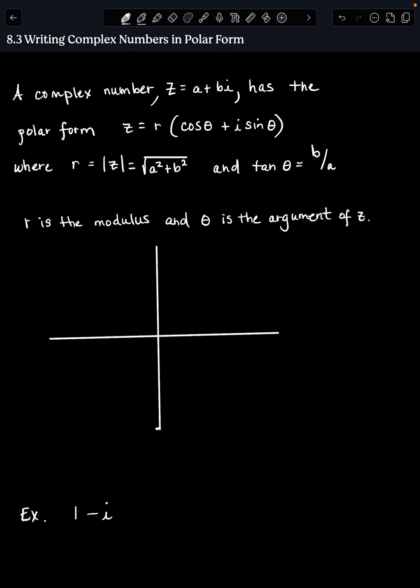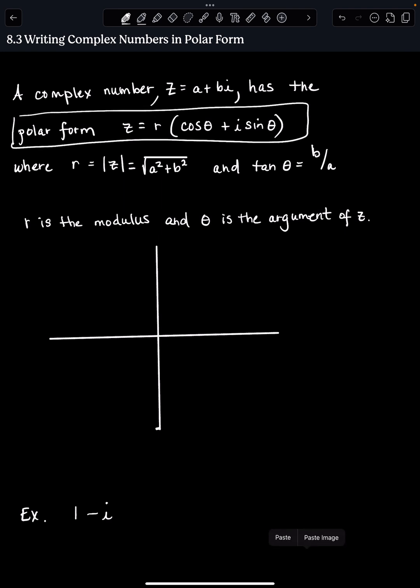Alright, so another thing we're going to do in 8.3 is write a complex number in polar form. A complex number, we've already graphed the complex number as z equals a plus bi. A is the real part, b is the imaginary part. The polar form of this a plus bi is going to equal r times the cosine of theta plus i times the sine of theta, where r is the modulus.